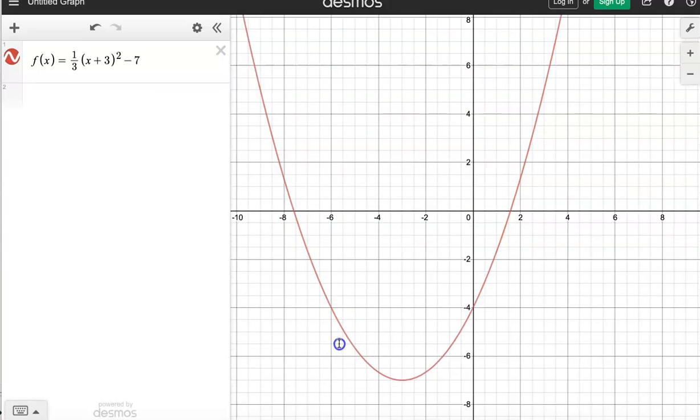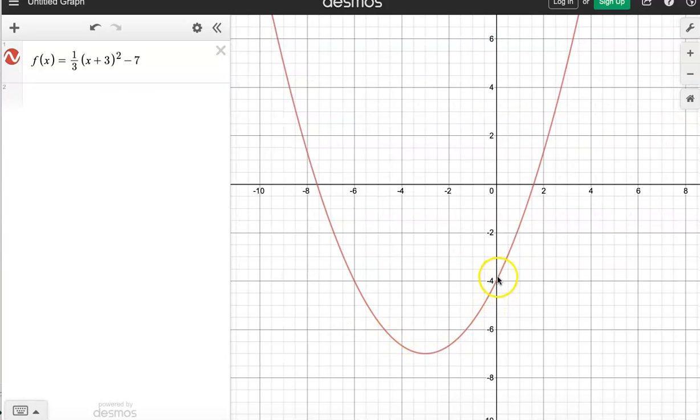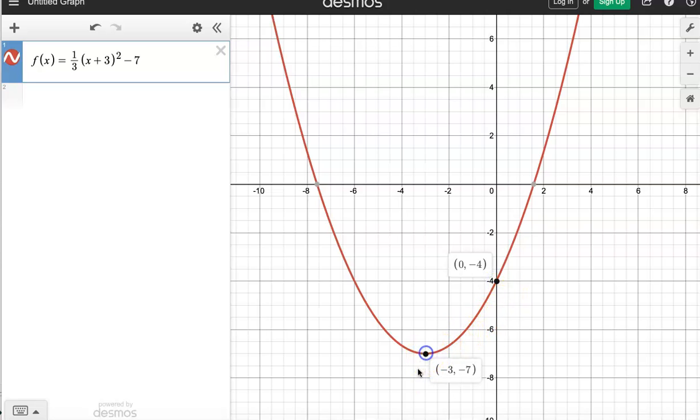This is the function we are looking at. Look at the y-intercept, (0, -4), and see the vertex or minimum value, (-3, -7). So everything is satisfied. What we did is right.